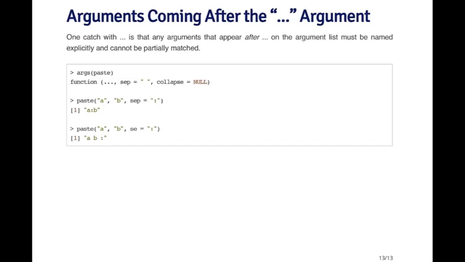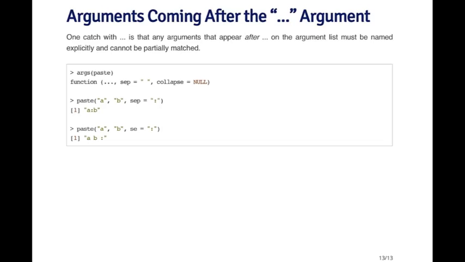So in this first example, if I try to paste together A and B, so A and B are going into the dot dot dot argument, and then I say sep equals colon, which means that I want to paste them together by separating them with a colon. However, if I try to do partial matching with sep, what happens is that the partial matching gets ignored.